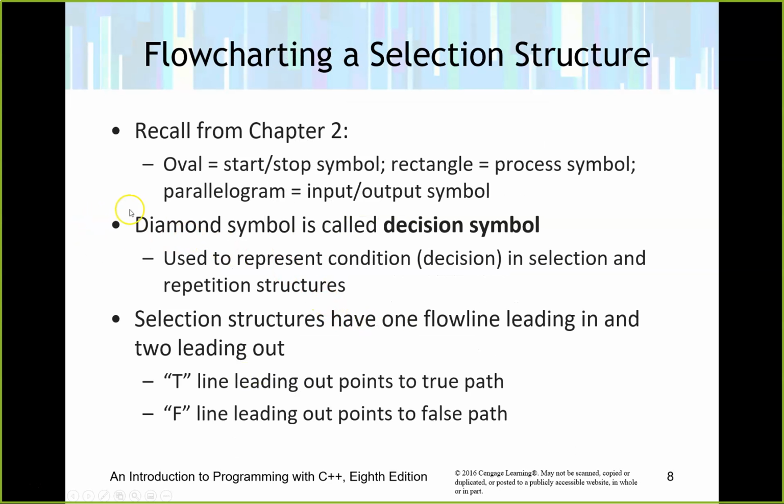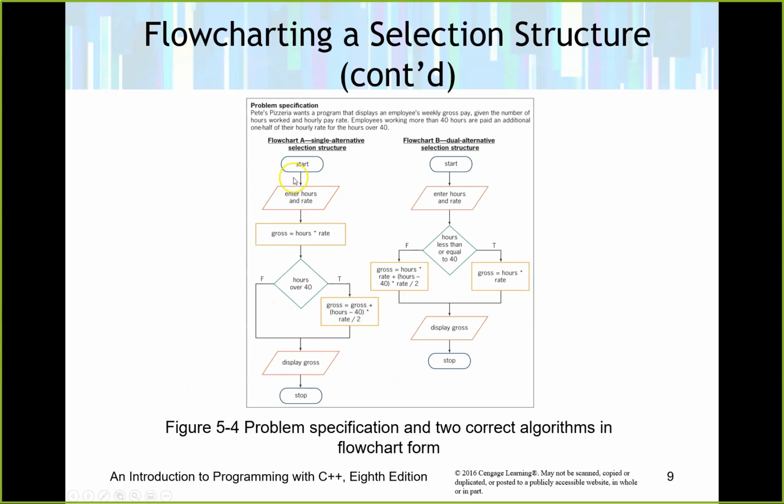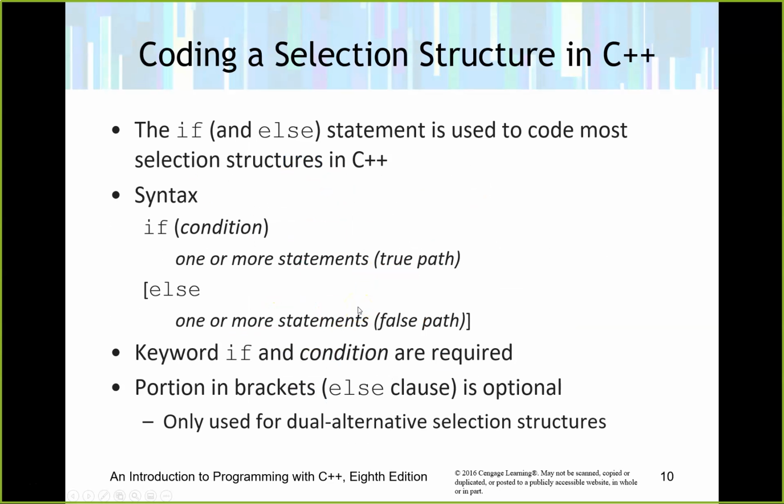These are the symbols for the flowcharts, so you can review that. Else is optional. This is for when you want something to happen if the condition is not true.